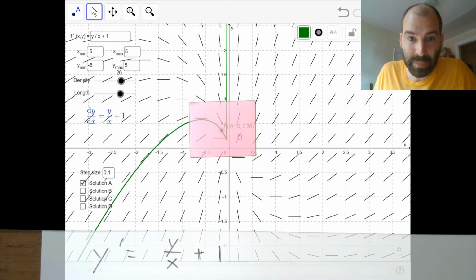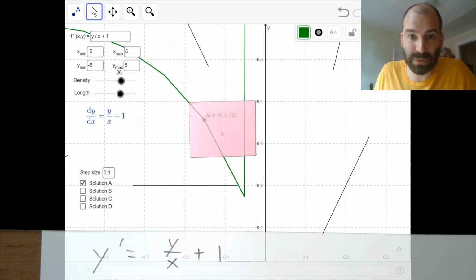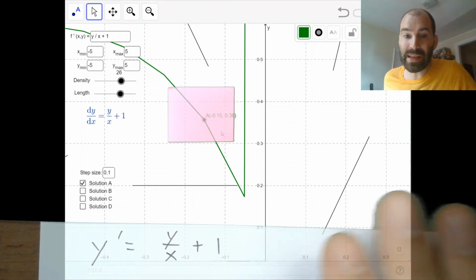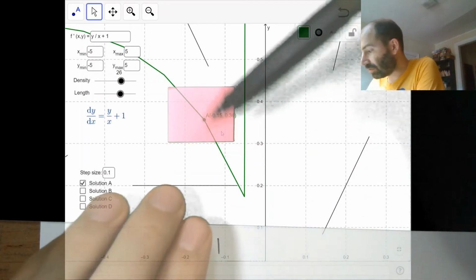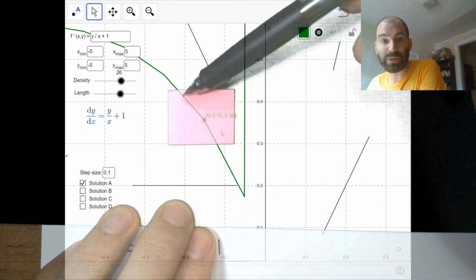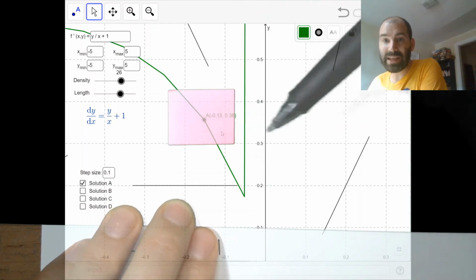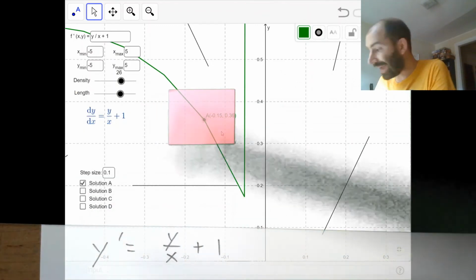So if I zoom in here, if I took a rectangle this small, I don't hit the y-axis, and now I'm fine. A solution does exist through this point, and the theorem guarantees it. As long as my rectangle doesn't hit where the discontinuity is, the function's continuous in here, I get a solution.